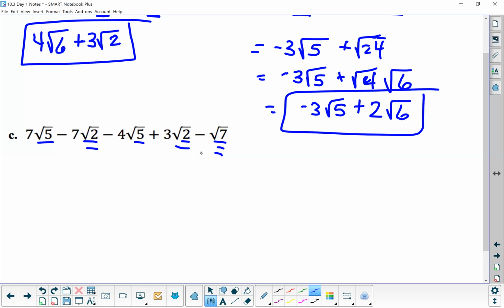If we start with the square roots of 2, we have negative 7 plus 3, which would be negative 4 root 2. Then we go with our square root 5.